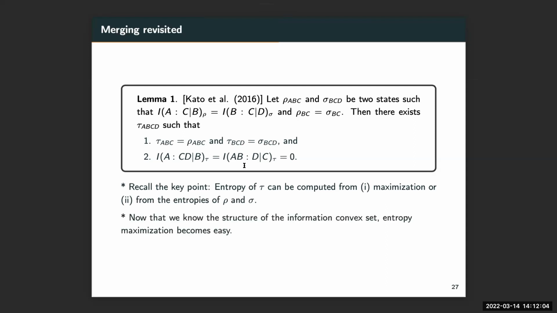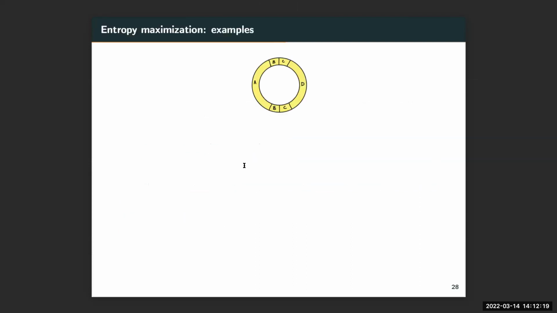I told you that this maximization problem is in general not easy, but now that we know what these information convex sets are, we can actually do this calculation very explicitly. So here's an example. Imagine you have an annulus, and I have divided that system up into 4 pieces. So you have A, and B is a union of those two little disks. C is also a union of those two little disks, and there you have it.